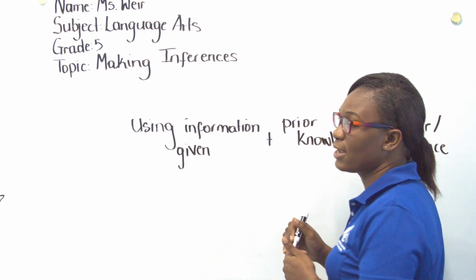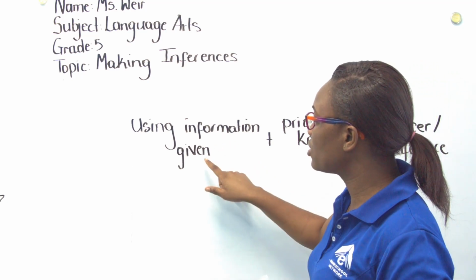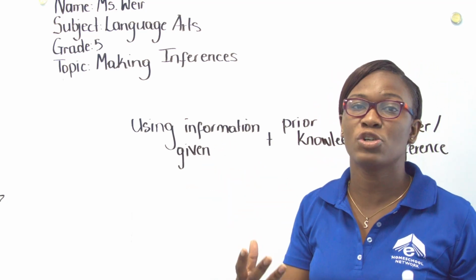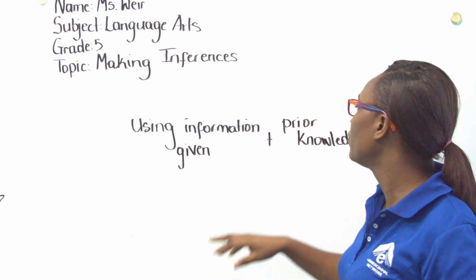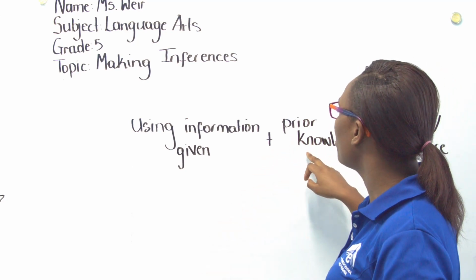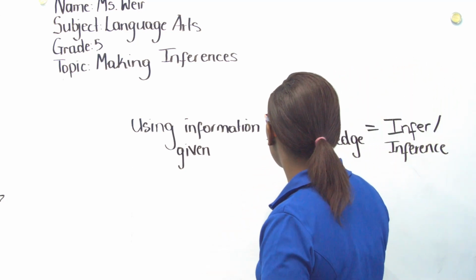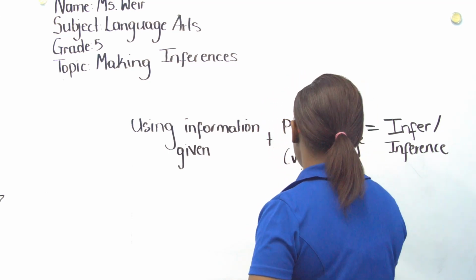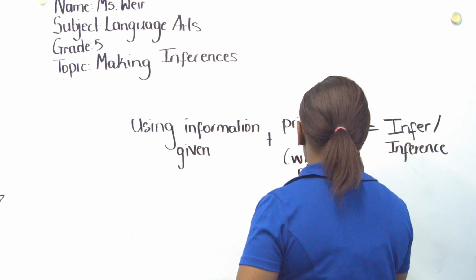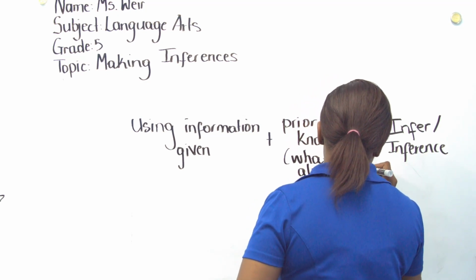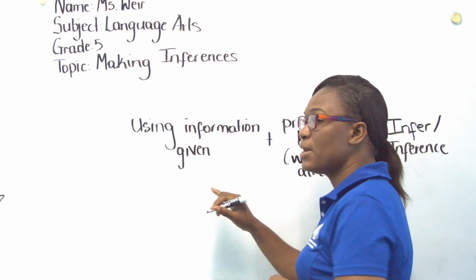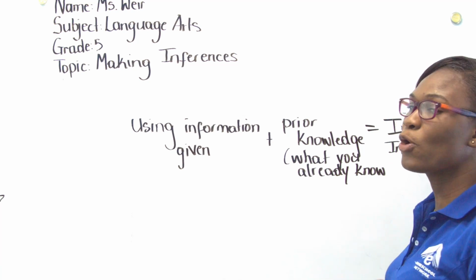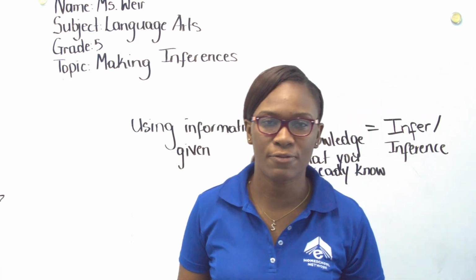It's as simple as that. The information given is whatever information you see or hear, and you add that to your prior knowledge, which is what you already know. With that combination, you can infer or make an inference.